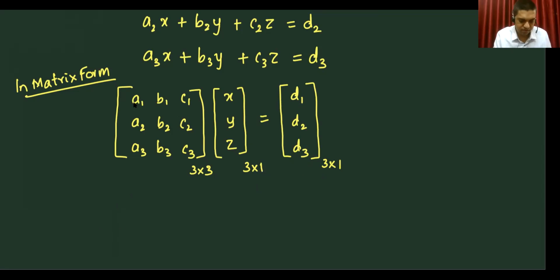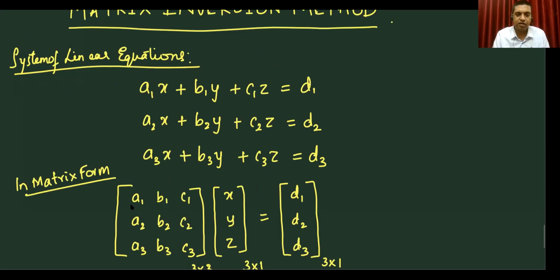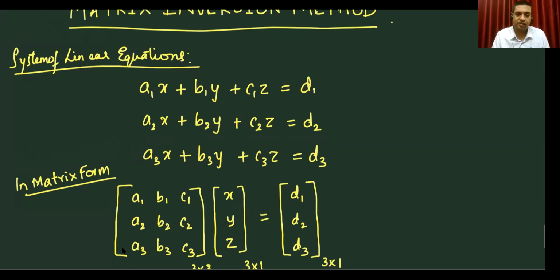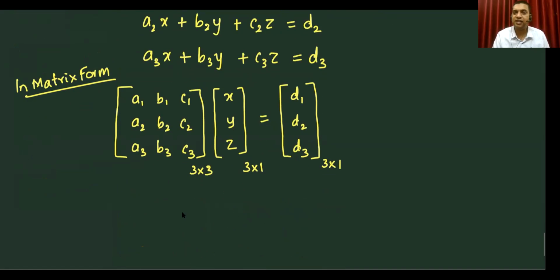See the product. A1 B1 C1 multiplied with X Y Z gives A1X plus B1Y plus C1Z, equal to D1, and similarly A2X plus B2Y plus C2Z, A3X plus B3Y plus C3Z equated. So in matrix form we can write like this. Now the advantage is this.